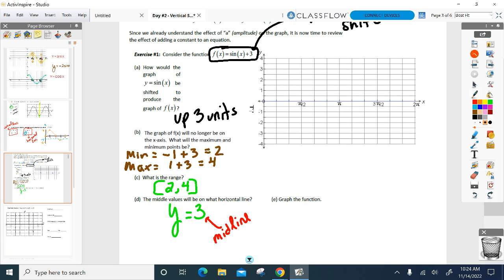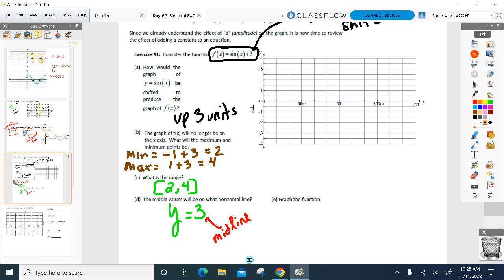All right, you ready to graph now? Now comes the fun. Now we're ready to graph. Are we doing sine or cosine? Sine. Where does sine usually start? 0. Okay, I want to stop saying that now. Stop saying 0, because we're getting a little more complicated. Sine starts at the midline now.